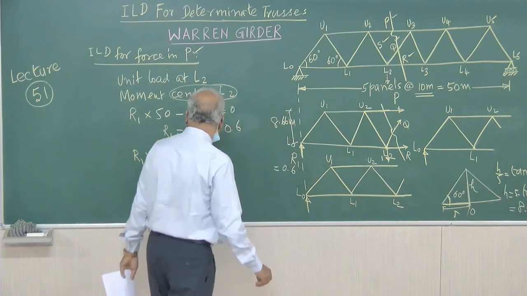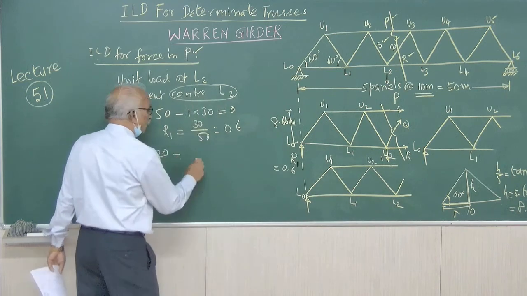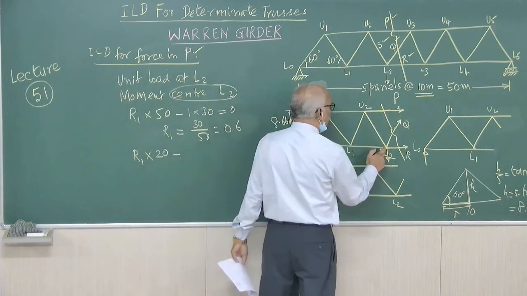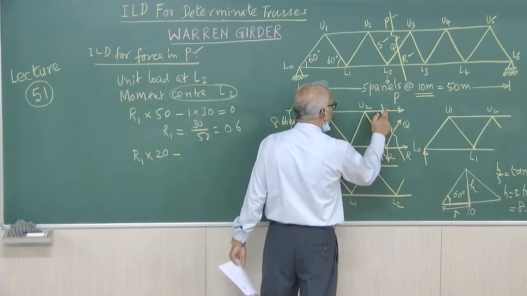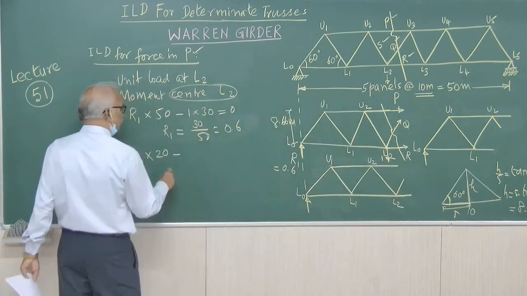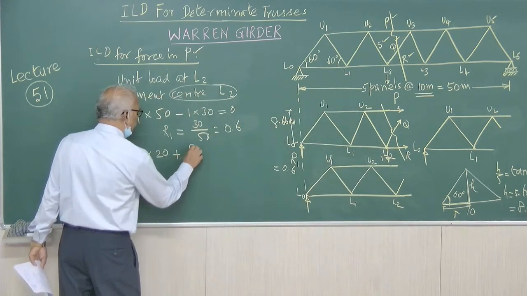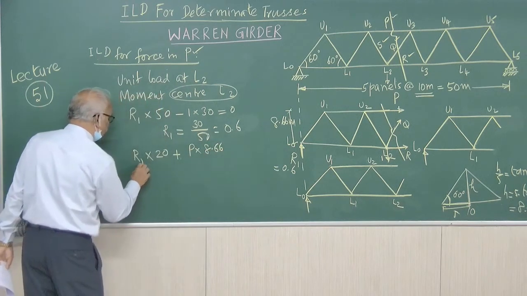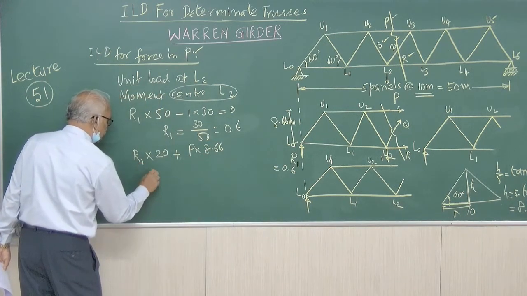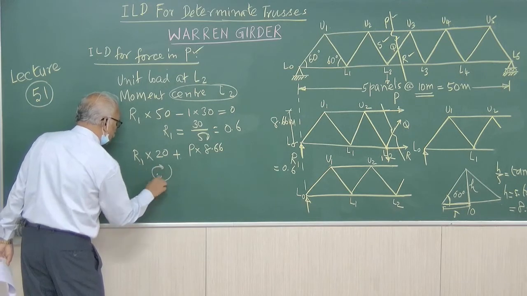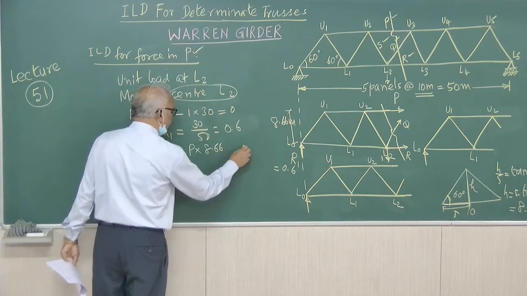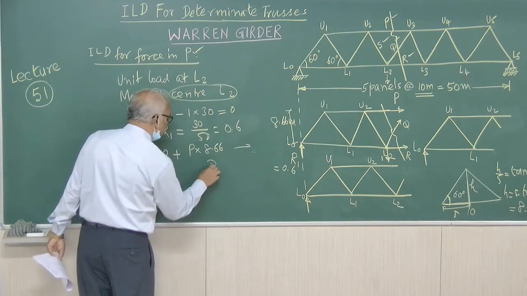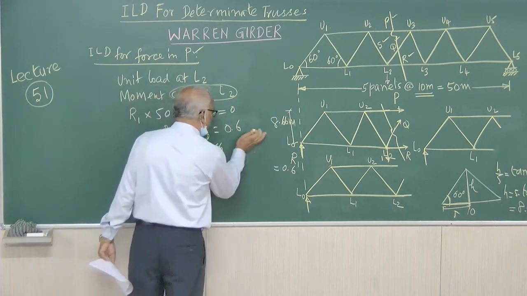Now, taking moments, R1 into 20 plus P into the height 8.66. R1 is vertically upward, therefore this is clockwise. The force P is to the right, so this will also cause a clockwise moment about L2.